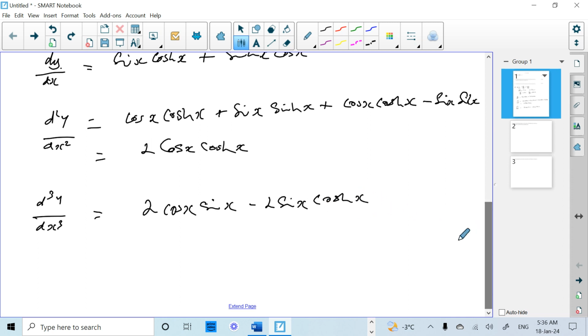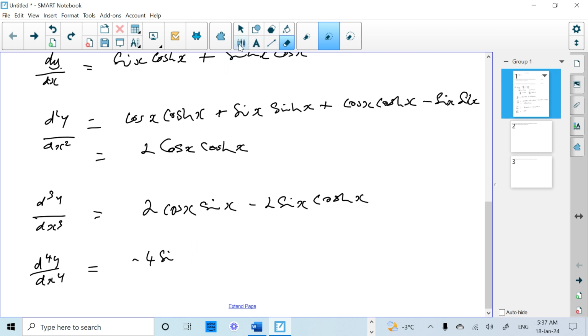And finally, once you use the product rule yet again, your fourth derivative, you're going to get the answer of minus 4 sin x sinh x, minus 4 sin x sinh x, which is incorrect here, careful.